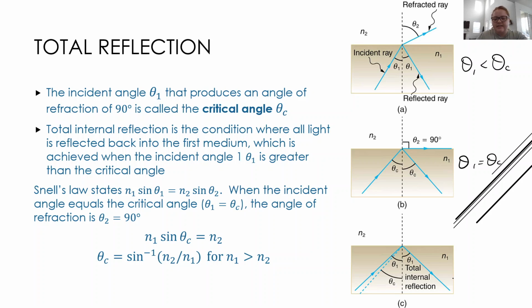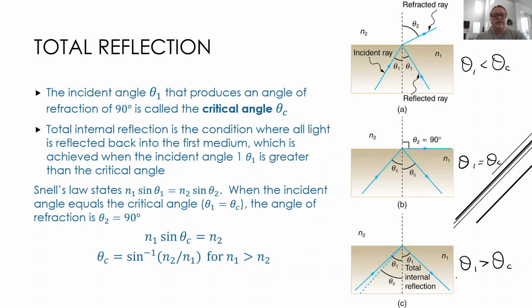And this here is where we have something called total internal reflection. So this is theta 1 is going to be only having reflection. Okay, so there's no refraction in this case. So we have theta 1 is greater than theta c in this case.